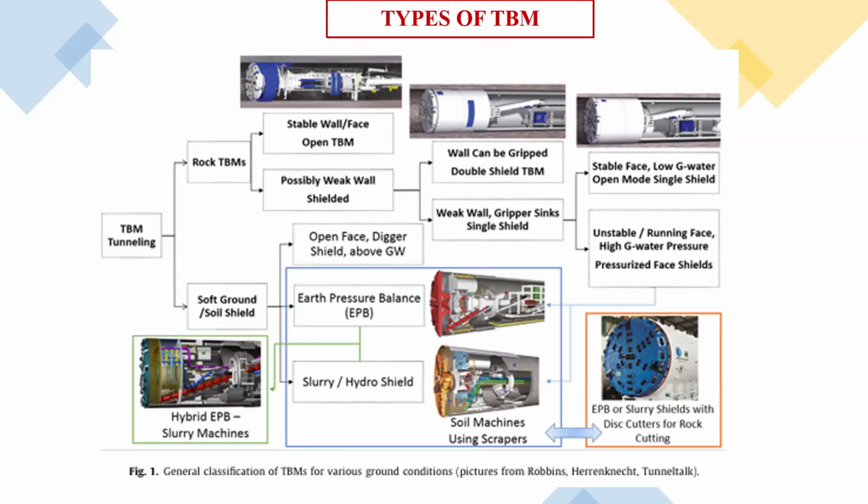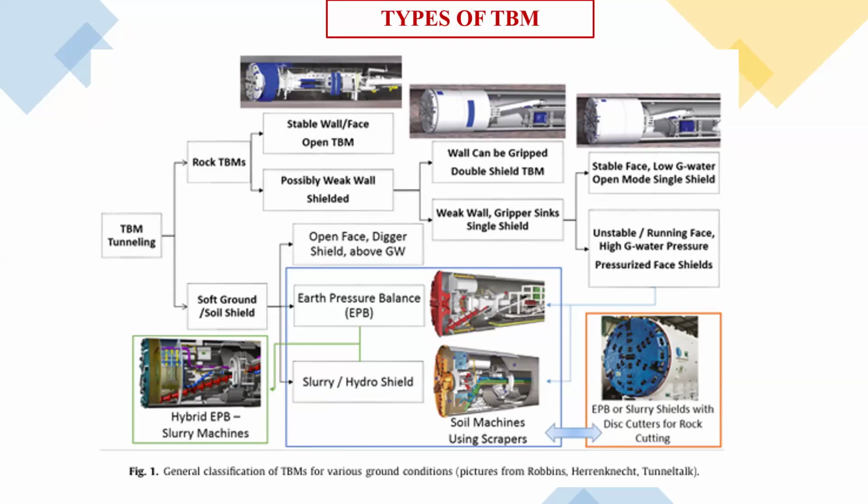Now the slurry machine basically uses a slurry. It can be a bentonite slurry, it can be a foam, it can be a polymer to stabilize the face ahead of it. And the slurry machine is only applicable to sand or highly permeable soil where we cannot expect that the ground will be stable.